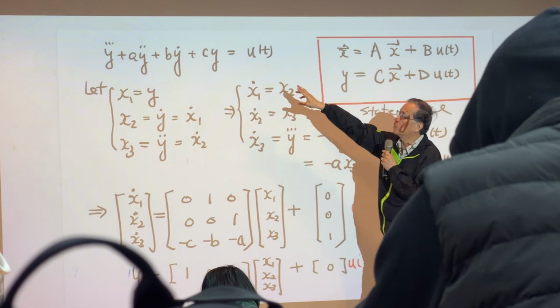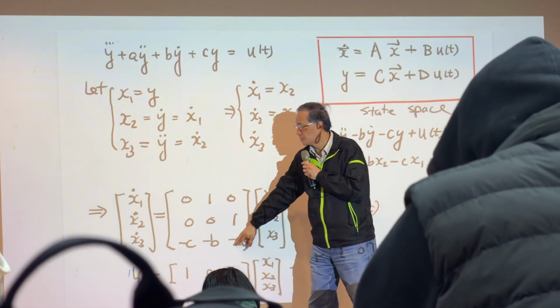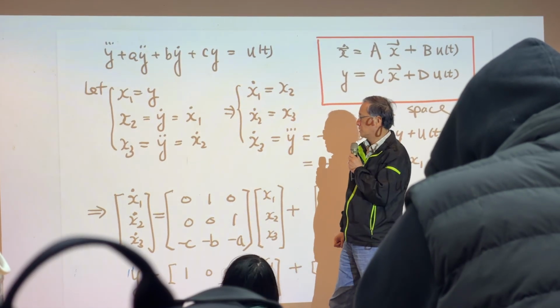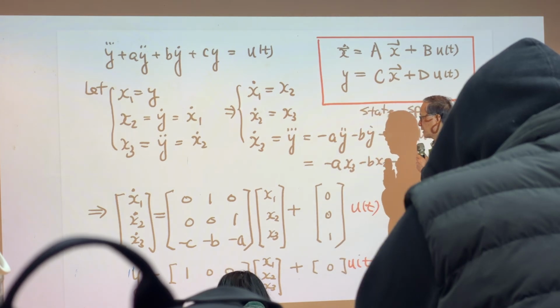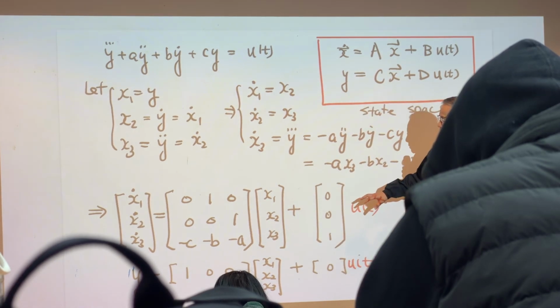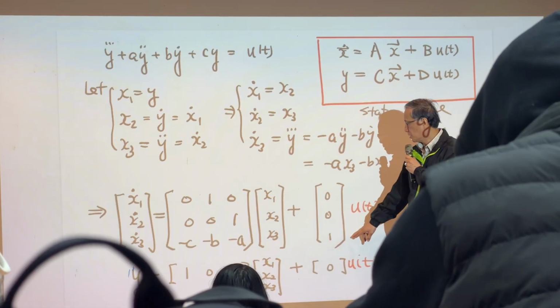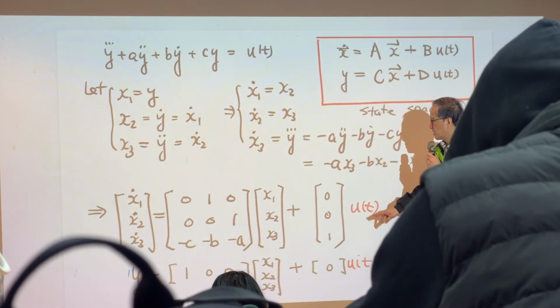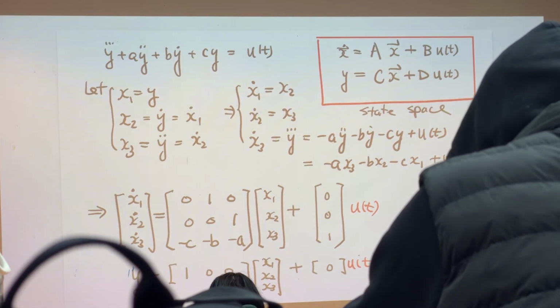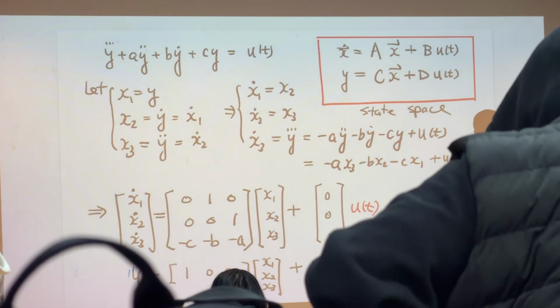Because this system is still linear, this matrix becomes like that. And A equals a 3 by 3 matrix. B equals a 3 by 1 matrix, because u here is a single input.